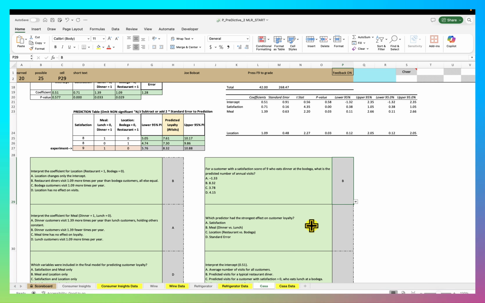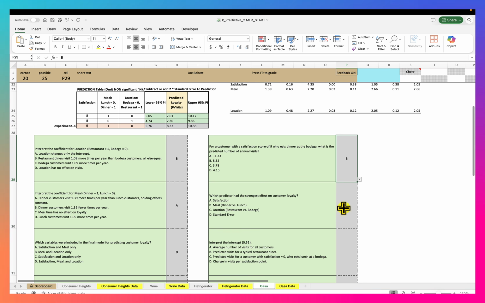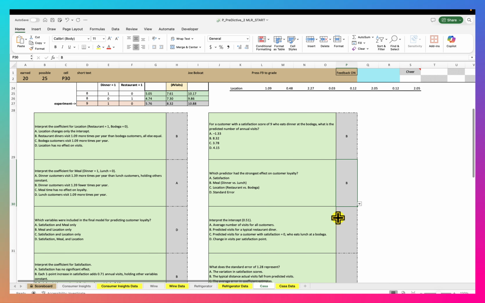Which predictor had the strongest effect on customer loyalty? So what's the biggest coefficient up here? It's eating dinner. So B. And interpret the intercept.